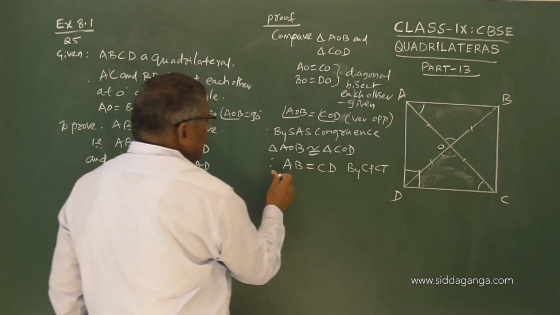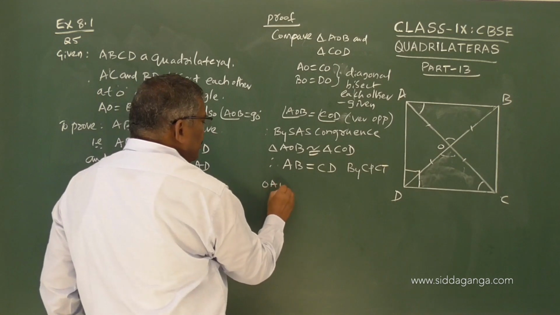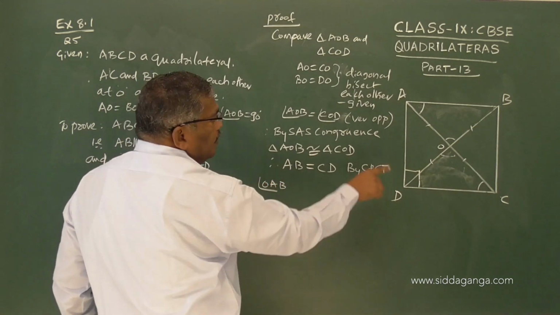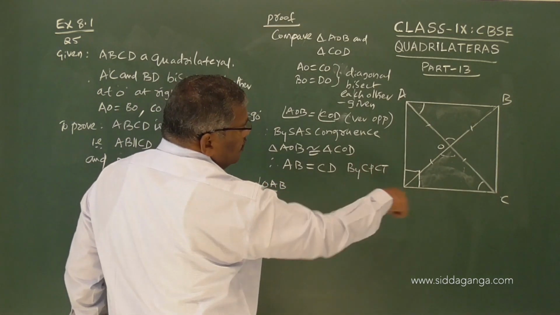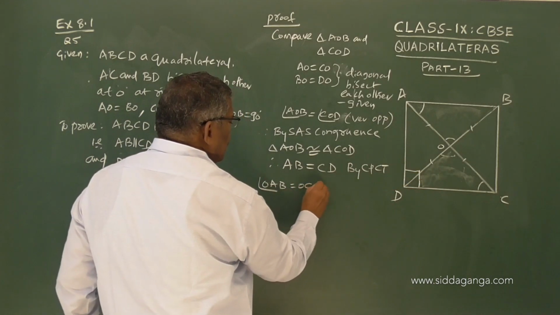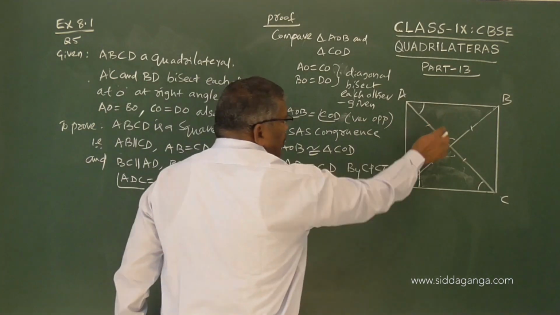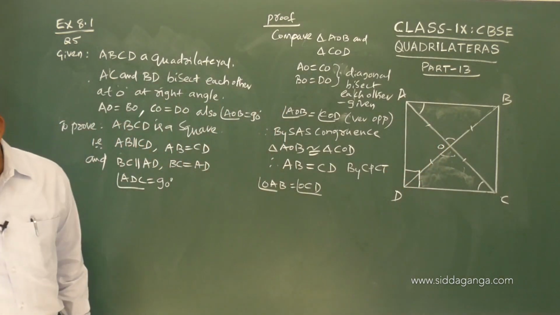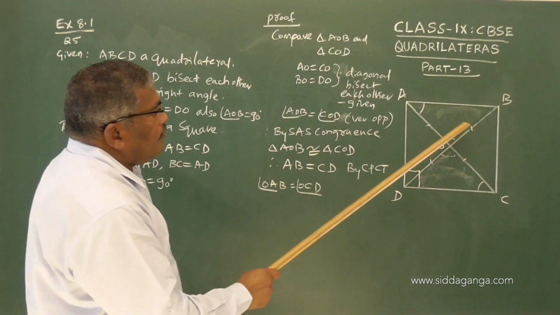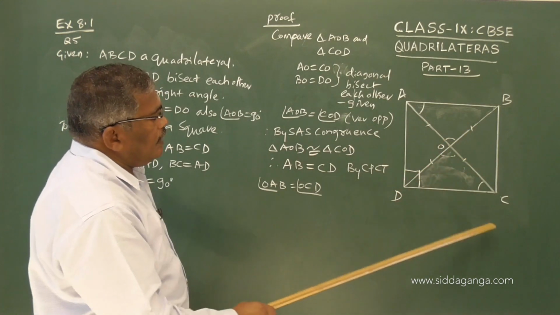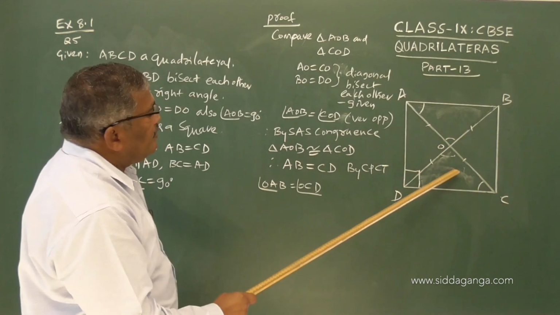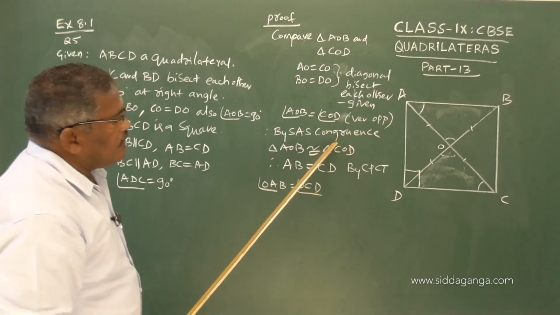Angle OAB is equal to angle OCD. How have we taken this data? The upper triangles AOB and COD are congruent to each other.